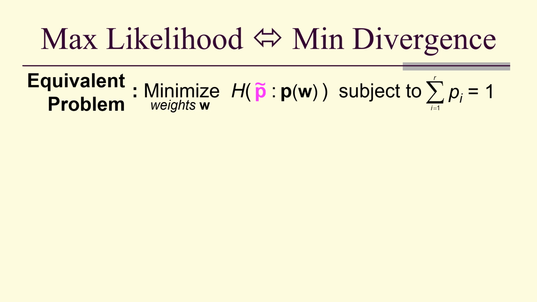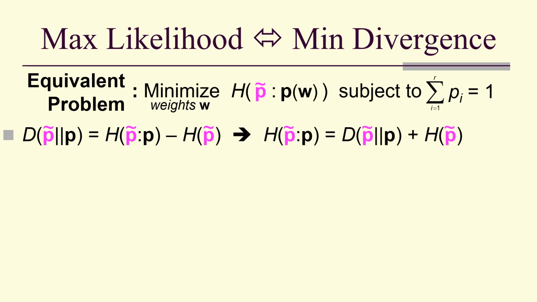Notice now that if this is our equivalent problem to maximum likelihood, the KL divergence is defined this way, and therefore the cross entropy is the KL divergence plus the pure entropy, but the pure entropy of the prior distribution, which tends to be empirical. It's constant. We're given often the empirical distribution in an explicit form before the problem.